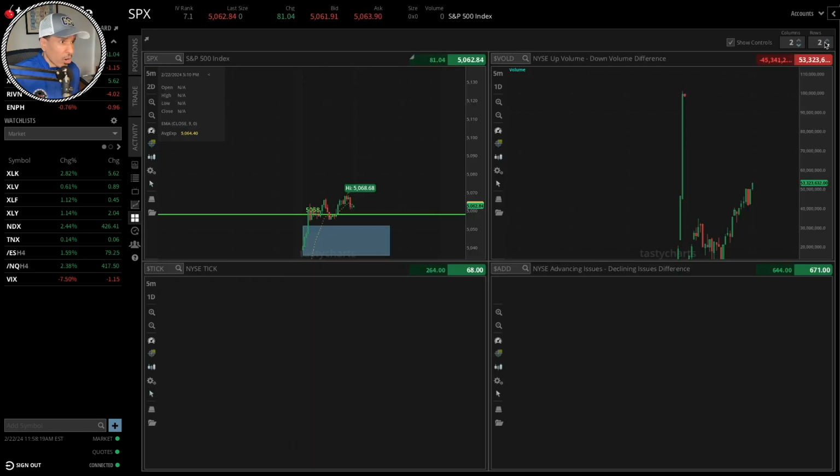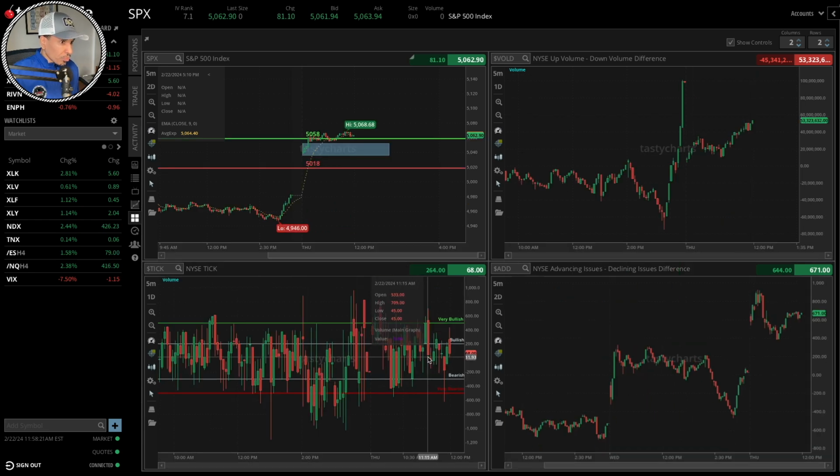If we look at the market internals, we can see that the volume is still on the uprise, and the number of issues increasing versus decreasing on the New York Stock Exchange has come down a bit, so that's okay. I also keep track of the tick as well.